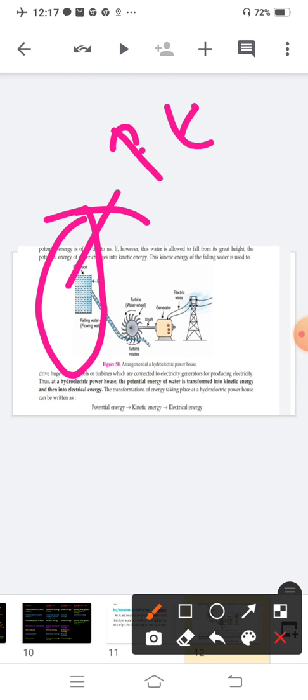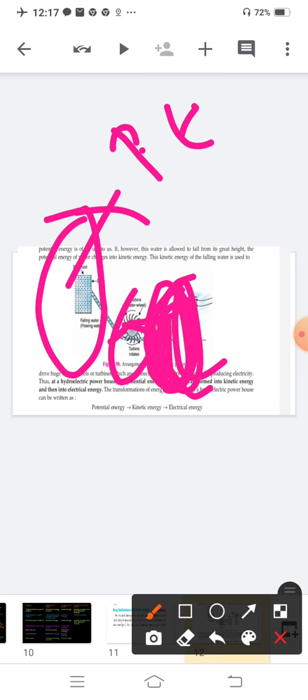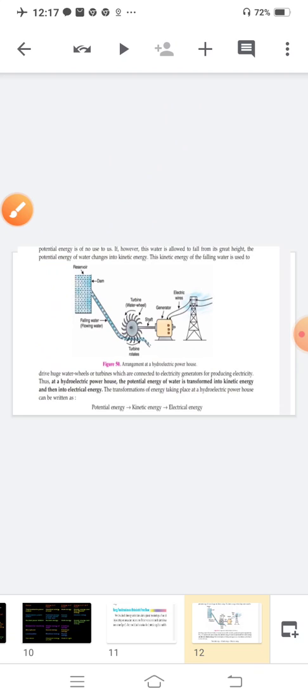Now when this water falls from the great height, that potential energy will convert into kinetic energy, and due to that energy this wheel will rotate. Clear? And this shaft will go to this generator, and this generator will convert it into electrical energy.